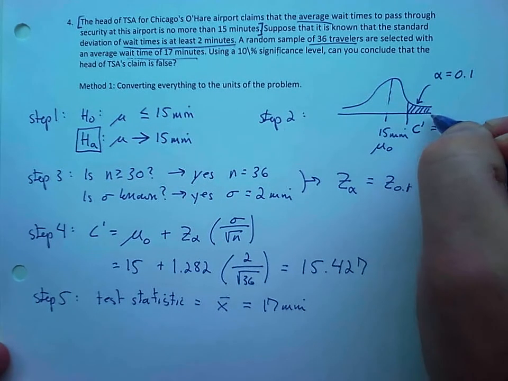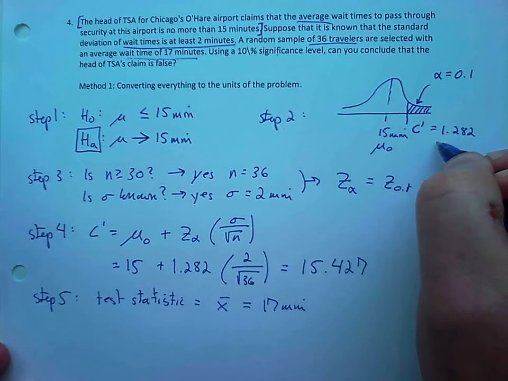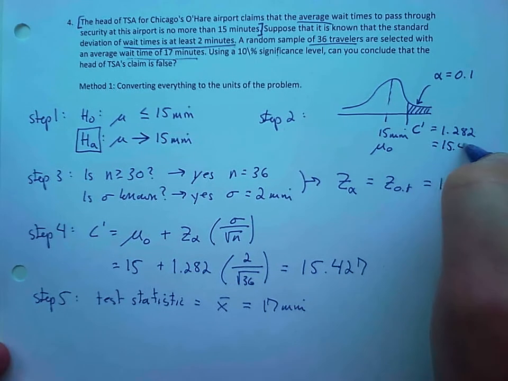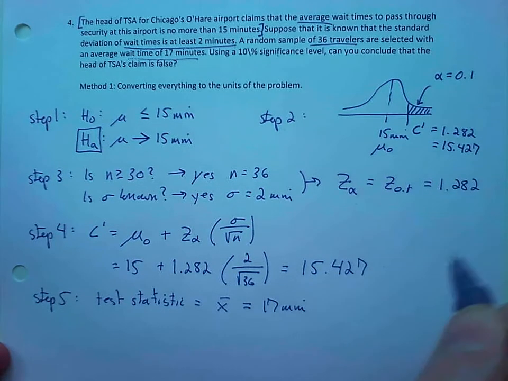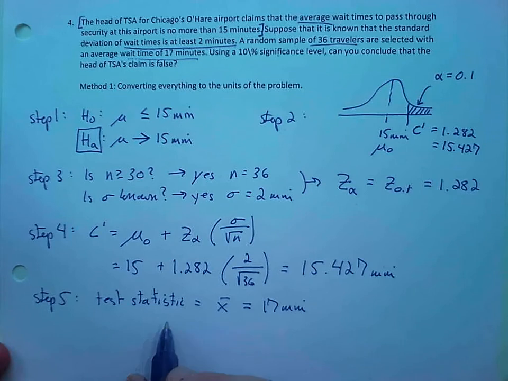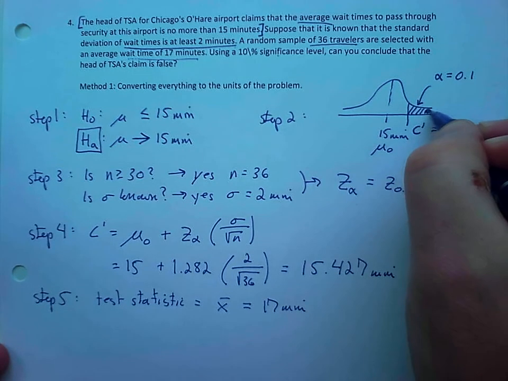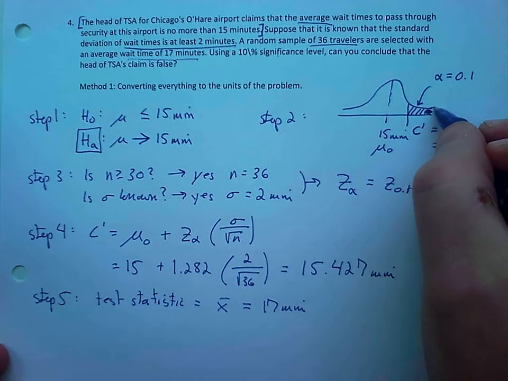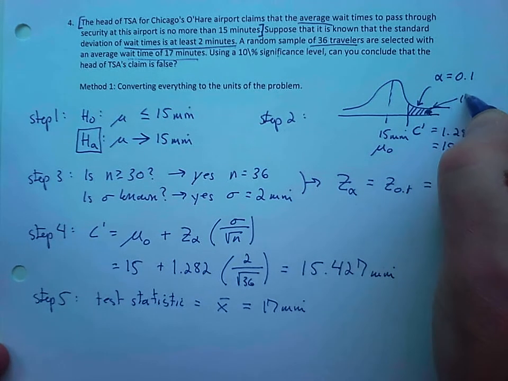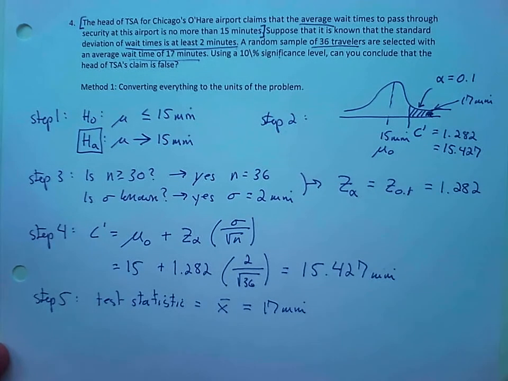Therefore, if our critical value is 15.427 minutes, and our test statistic x bar is 17 minutes, that means that our test statistic is inside our rejection region.